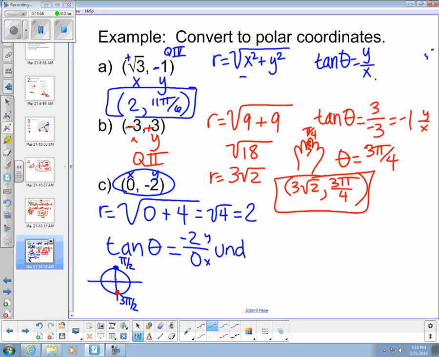Which, if I'm going down, then that would be the angle of 3 pi over 2. So theta equals 3 pi over 2. If it had been positive 2, we would have used the pi over 2 because 0, 2 would have moved just up. So my coordinates for part C are 2 and 3 pi over 2.